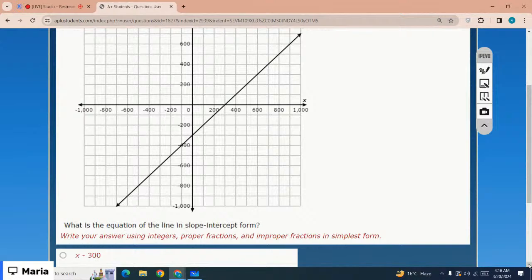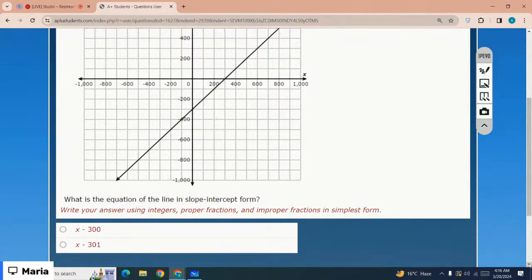The y-intercept is negative 300, right? And the slope is 1. So which is the correct option? The correct option is option number 1, that is x minus 300, right? The correct option is option number 1, that is x minus 300.